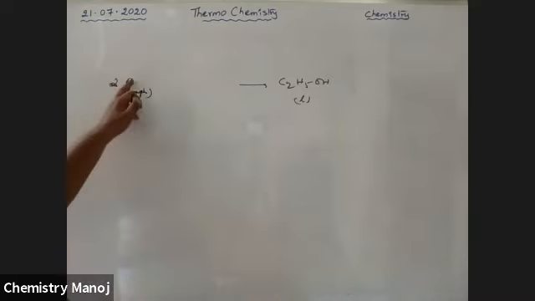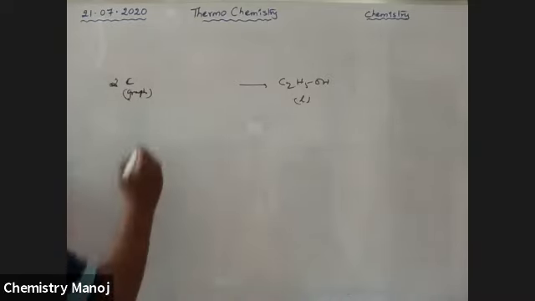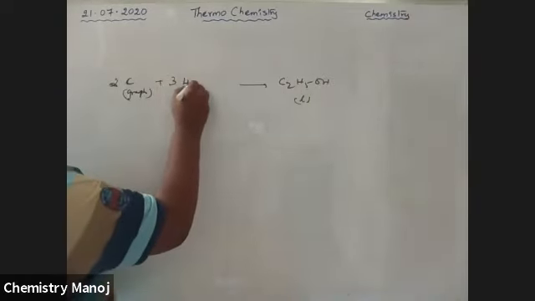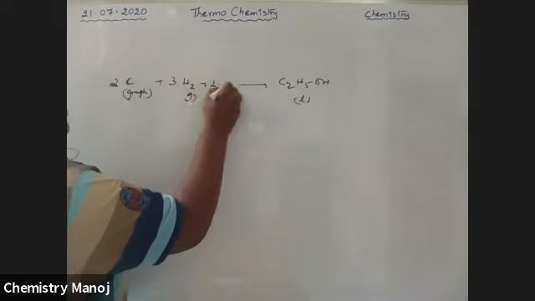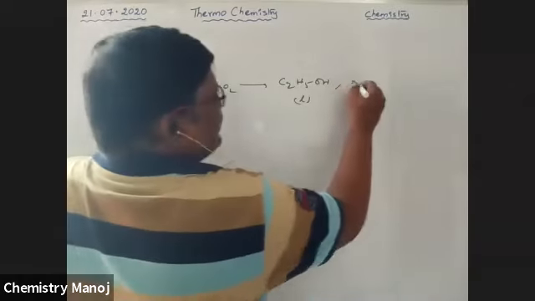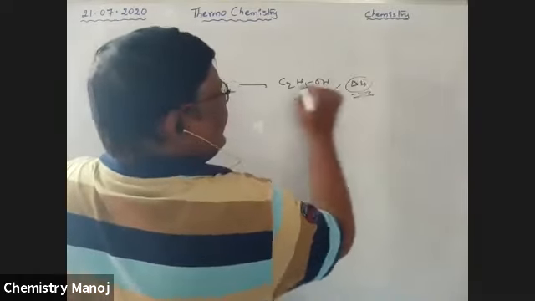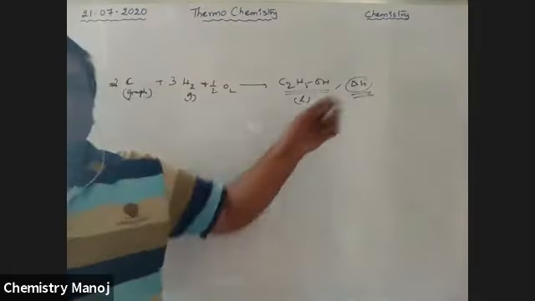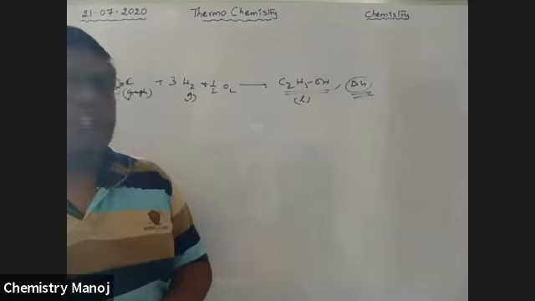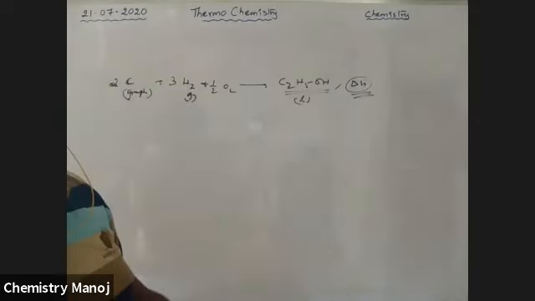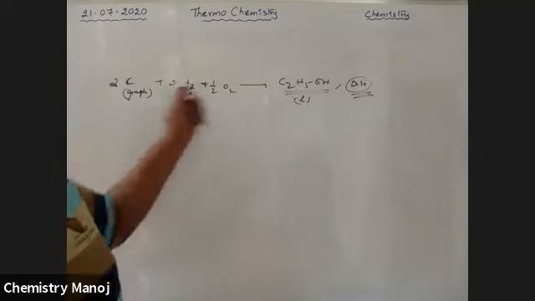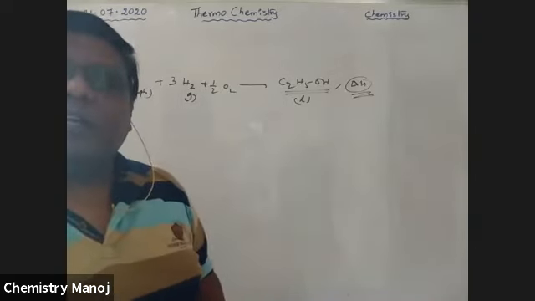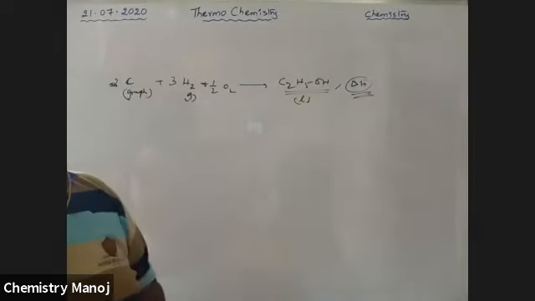Plus 3 H2, which is in gaseous state, and half O2. So there is a heat change, delta H. Is this the heat of formation of C2H5OH or not? Yes, because 1 mole is the product from elements only. Therefore, this energy is called heat of formation. So this is the way to identify heat of formation of compounds.